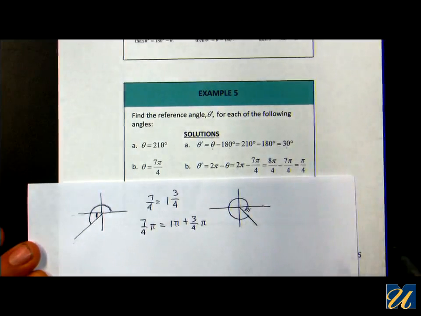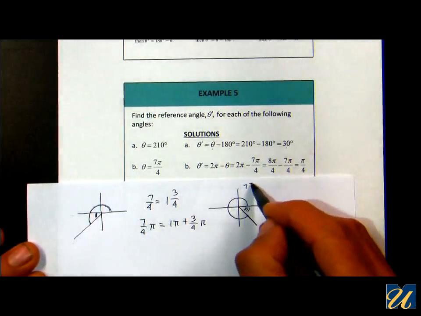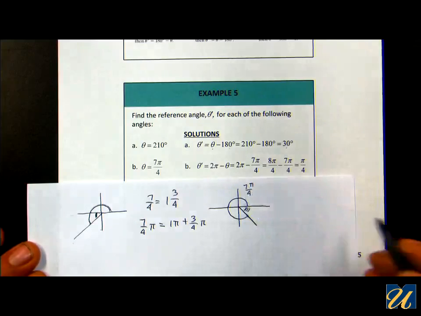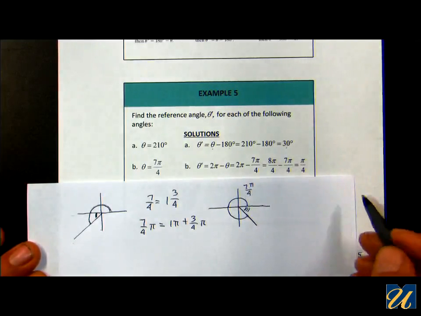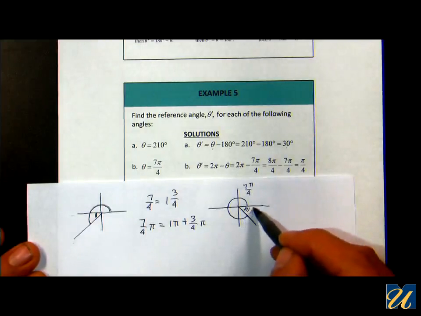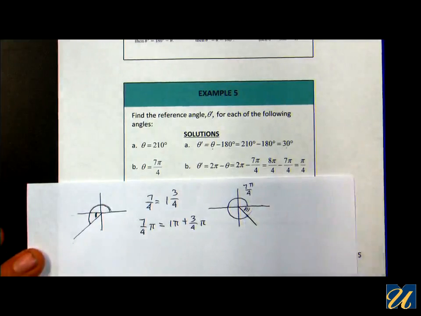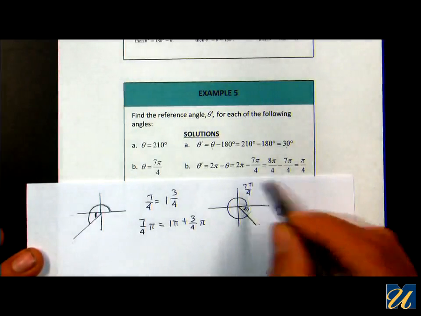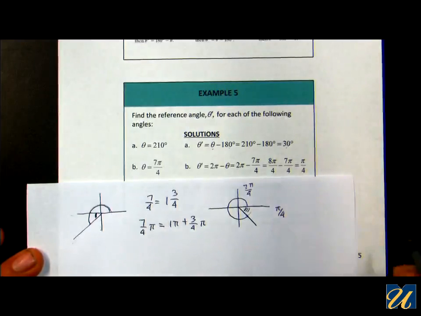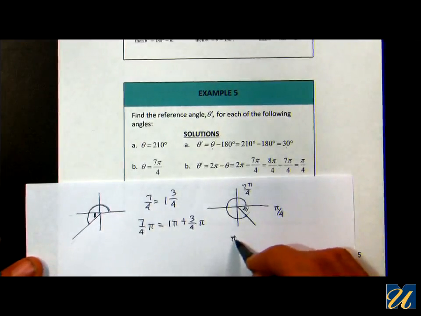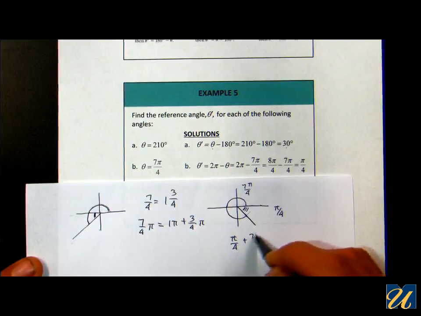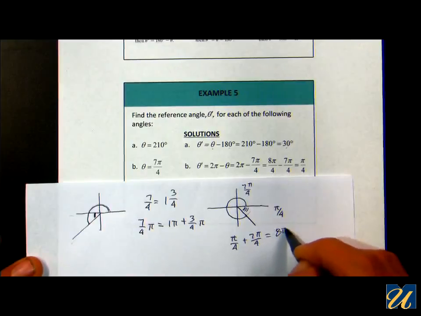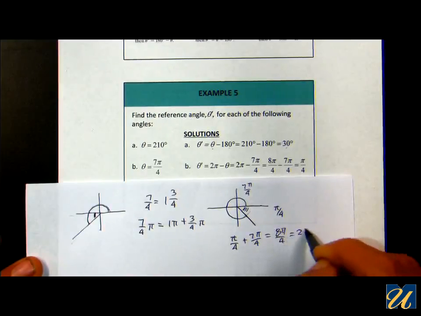And you can think of the reference angle as, if you've already gone through a rotation of 7/4, how much more would you need to rotate to complete a full 2 pi? And that would be 1/4 or pi over 4, because 7 pi over 4 plus 1 pi over 4 yield 2 pi. So pi over 4 plus 7 pi over 4 is 8 pi over 4, or 2 pi.